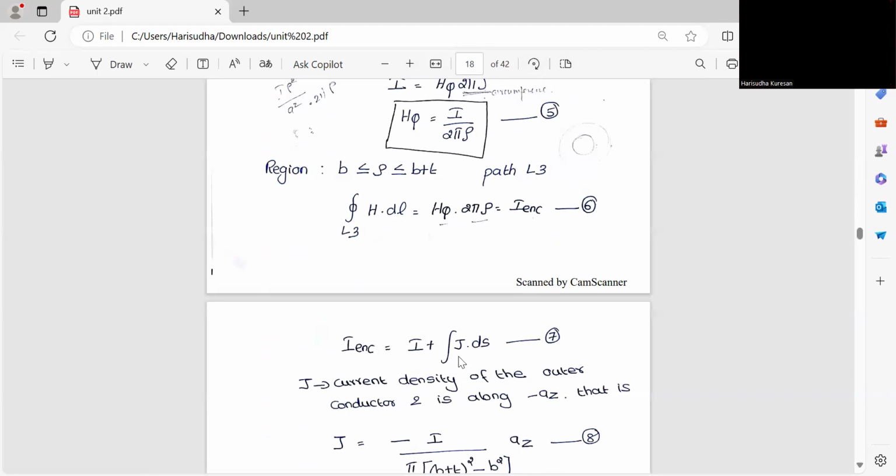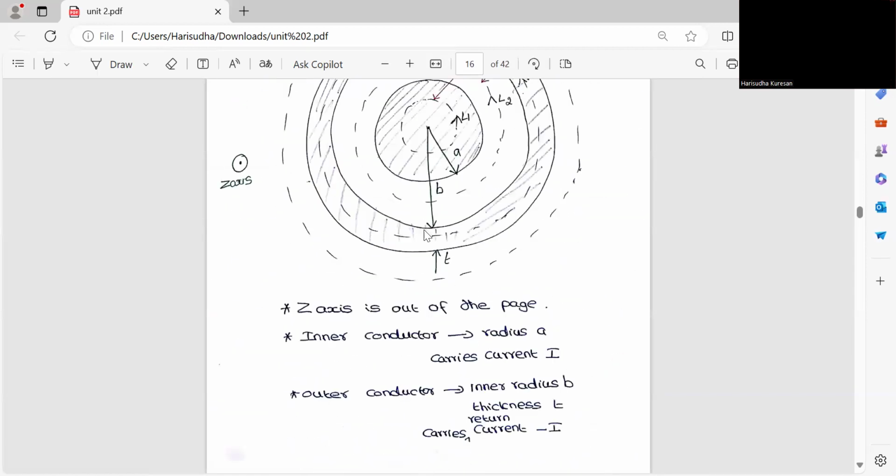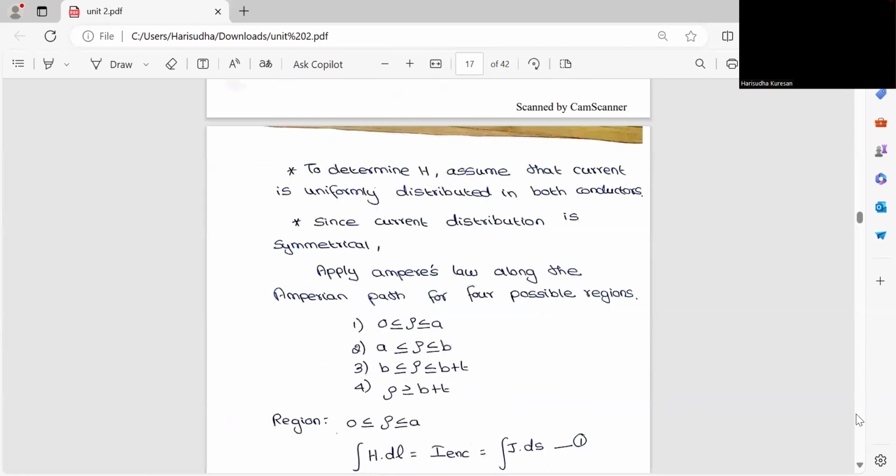You can see in the diagram, up to the inner circle of the second conductor you have found what your I is. You want to know what the current I is for this point. So what I have found till here, plus what I'm going to find for this thickness. That's what I have written over here.